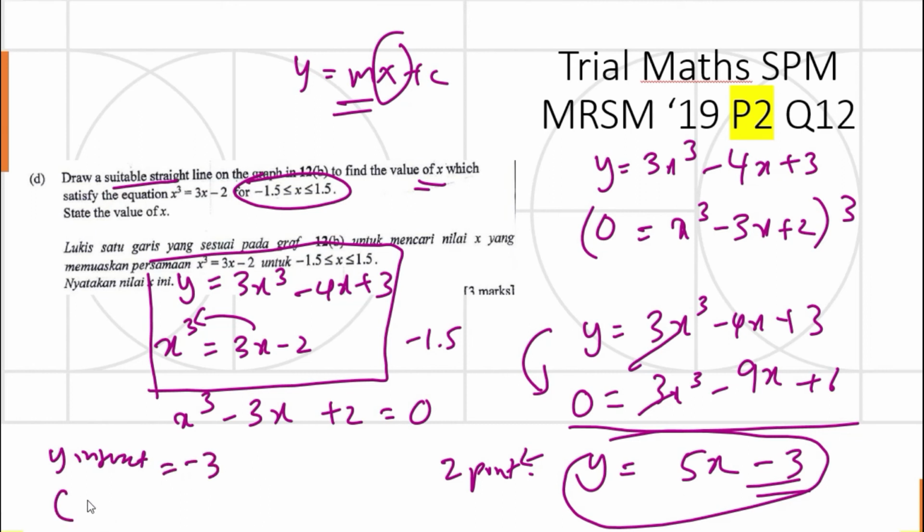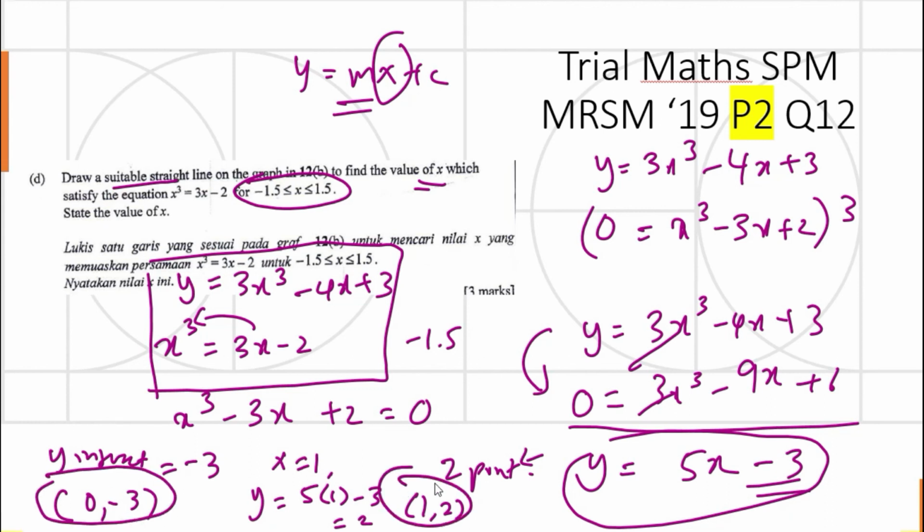So we have 1 point which is 0, negative 3. So you can take another point so that we can plot. So for example, if x is equal to 1, y is equal to 5 times 1 minus 3, which is equal to 2. So we have another point which is 1 and 2.